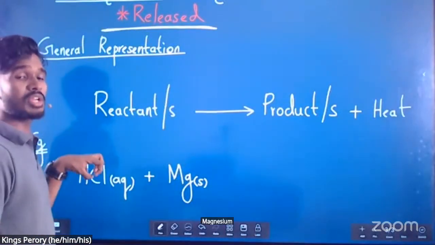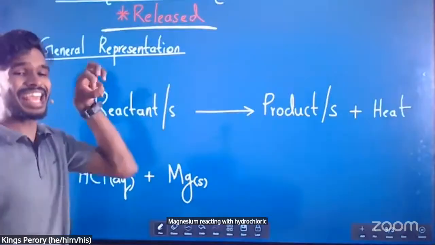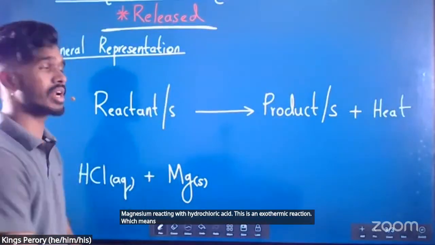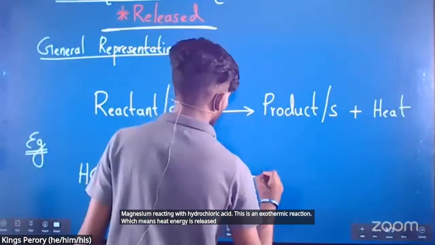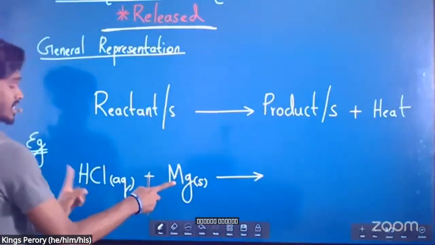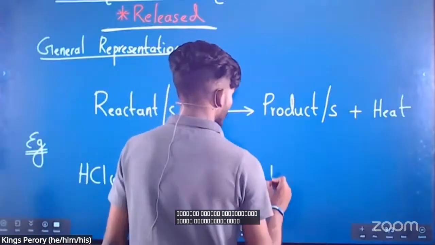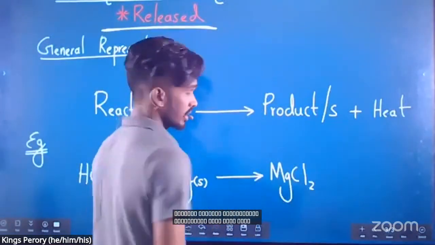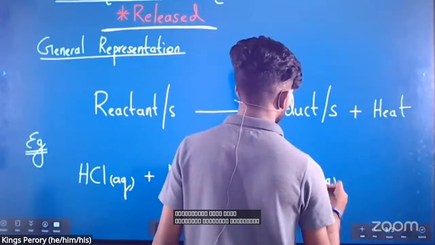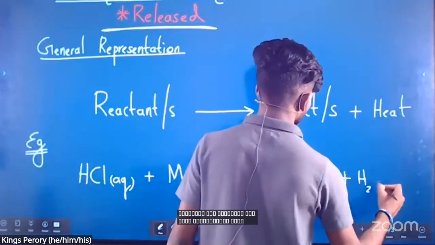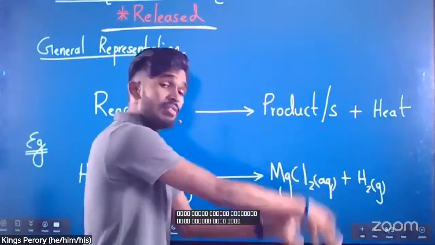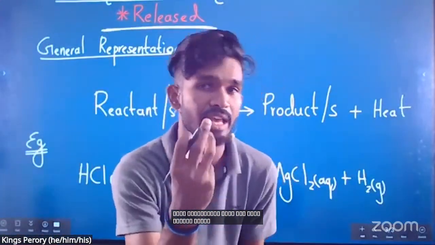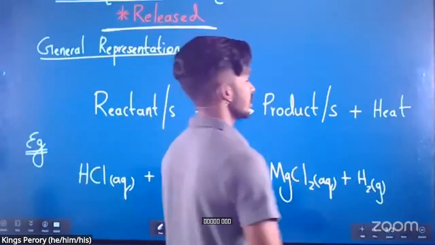Magnesium reacting with hydrochloric acid is an exothermic reaction, which means heat energy is released, right? What are the products formed? Magnesium plus hydrochloric acid. Magnesium chloride is formed. It dissolves in water, aqueous state. Hydrogen gas is released. Now, together with these products, what else is released? Heat. Heat is also released.